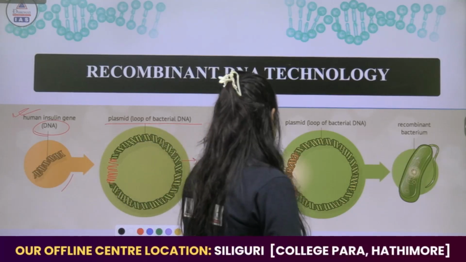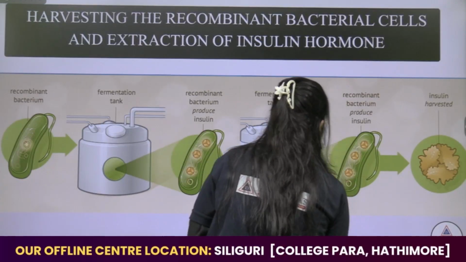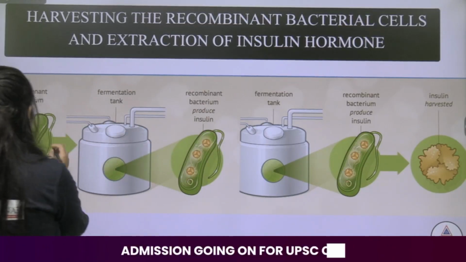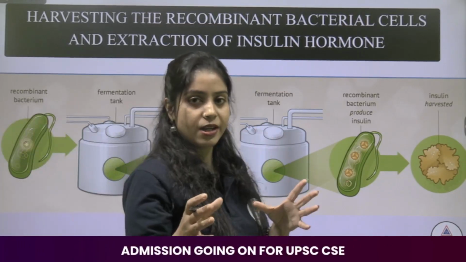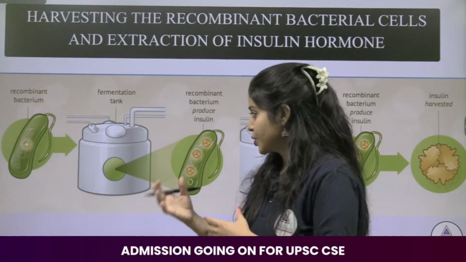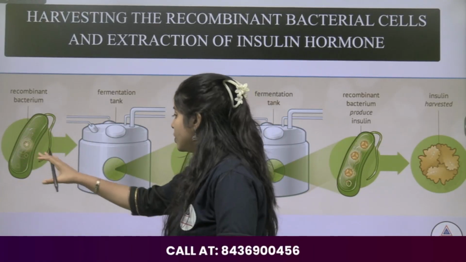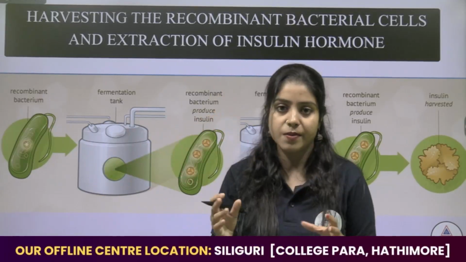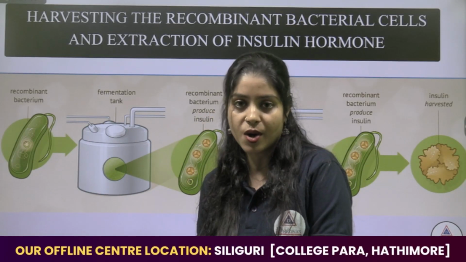Now what are we going to do? We are going to ferment these bacterial cells that have this recombinant DNA, the plasmid also containing the human insulin gene. These bacteria will be fermented inside this fermentation tank. Now they will grow and produce the insulin hormone.